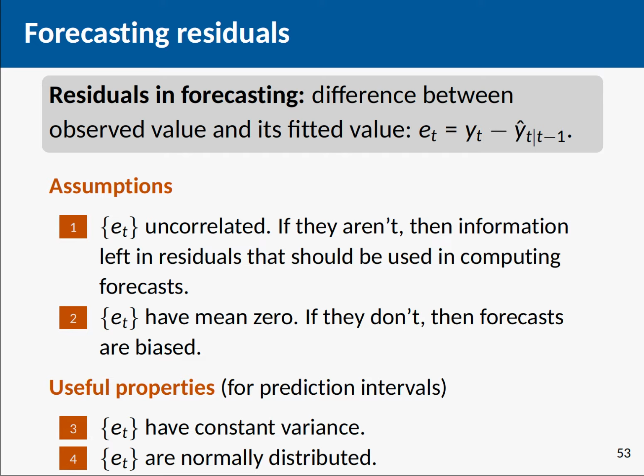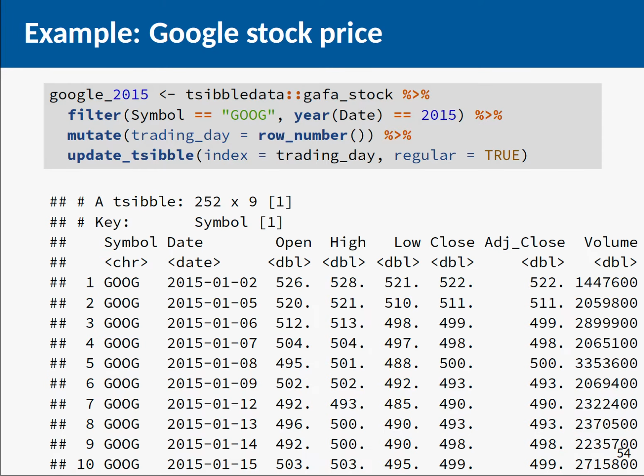Overall, if you look at these fitted values, they should look like they display some constant stable variance. And lastly, the residuals should be normally distributed. There are many nice properties of normal distributions that can be used to produce prediction intervals. But this is not always the case when we deal with financial data, for instance.